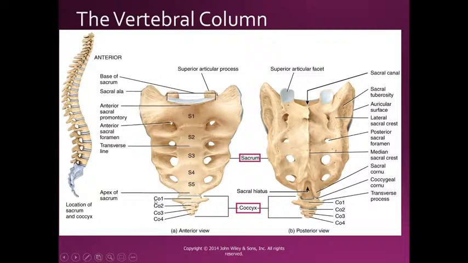This is CO to differentiate the coccyx from the cervical vertebrae, which are labeled C1 through C7. These are labeled CO1 through 4. Again, these 4 vertebrae are fused together, so many textbooks will treat the coccyx as one bone.